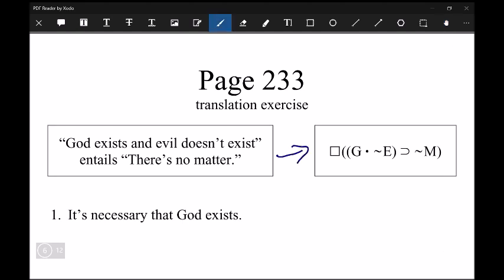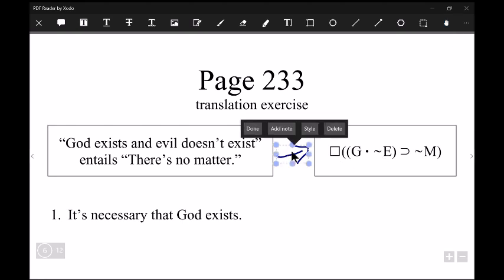So you have God exists, G, and evil doesn't exist, entails there's no matter. That would translate into that. That's the sample. Is that a deeply important philosophical issue? No, it's just a nice example to start with here.